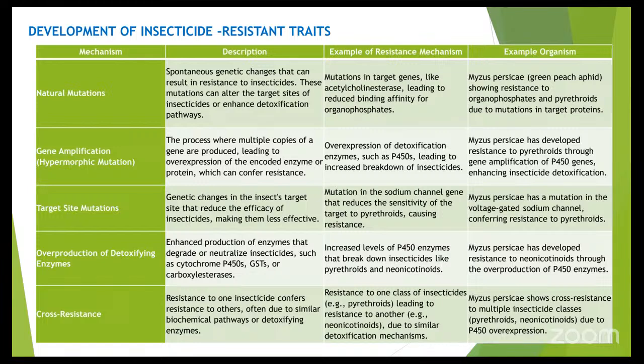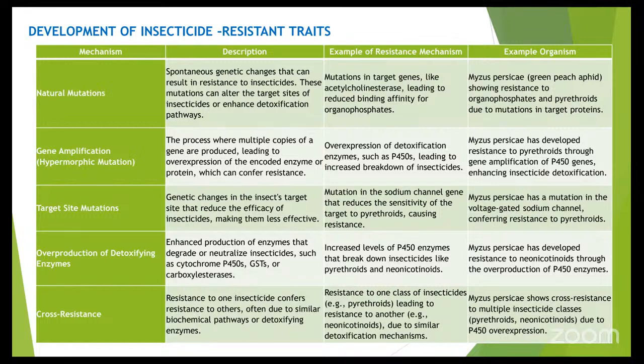This process, where multiple copies of a gene are produced, leading to overexpression of the encoded enzyme or protein which can confer resistance, is observed in gene amplification. For example, the overexpression of detoxification enzymes such as CYP450s leads to increased breakdown of insecticides.